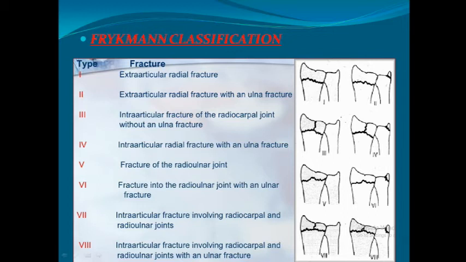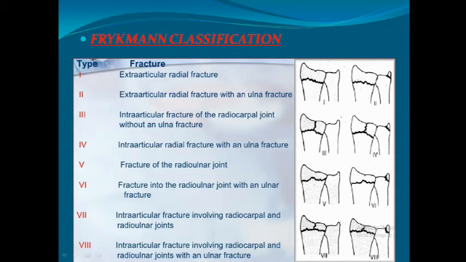So you will have to remember just these 4 types. When you add ulnar styloid process fracture to it, 1 becomes 2, 3 becomes 4, 5 becomes 6, 7 becomes 8.